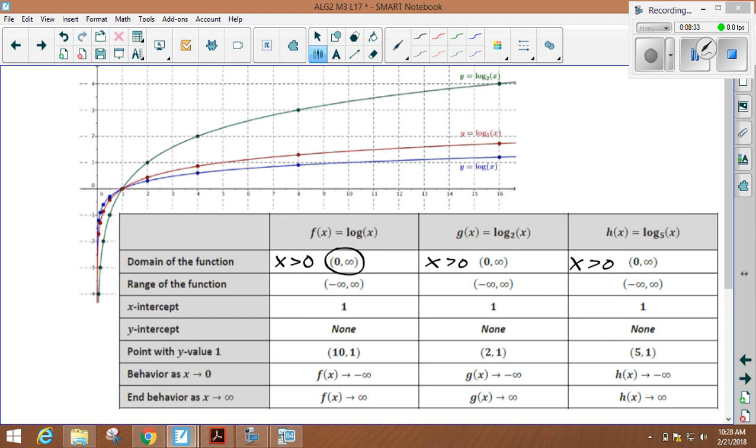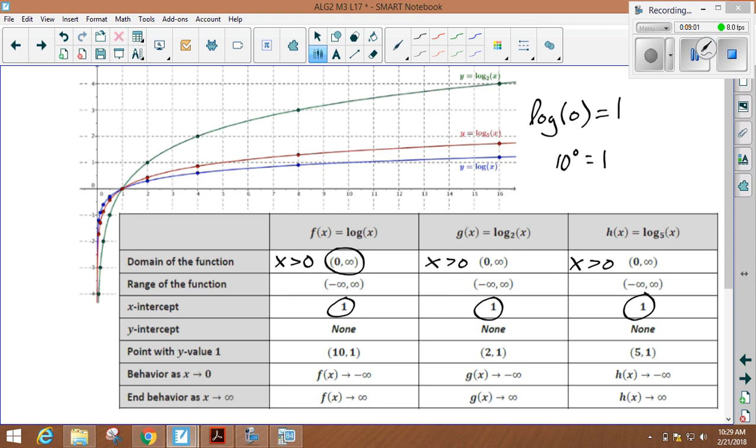Describe the x-intercepts. Do you notice? X-intercepts are always 1. Why is that? Well, let's look at it. If I plug in 0 here, that's got to be 1, right? Because this says that 10 to the 0 power equals 1. That has to be the case, right? So it doesn't matter what the base is.